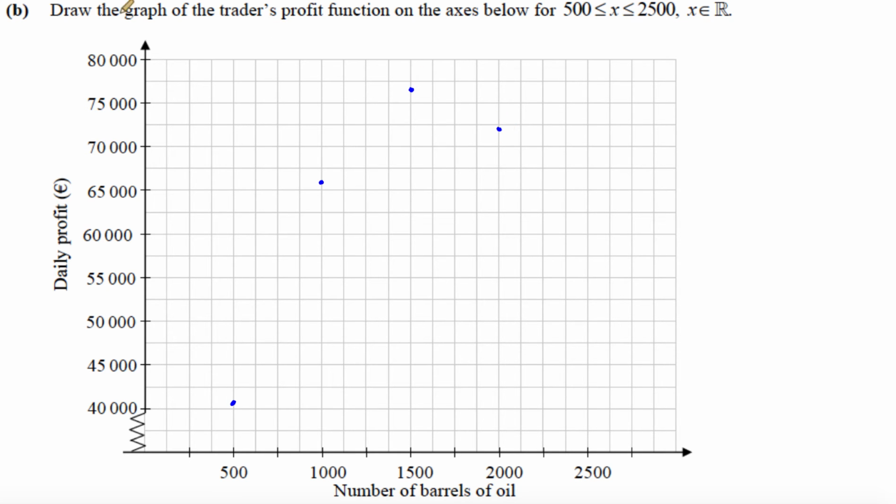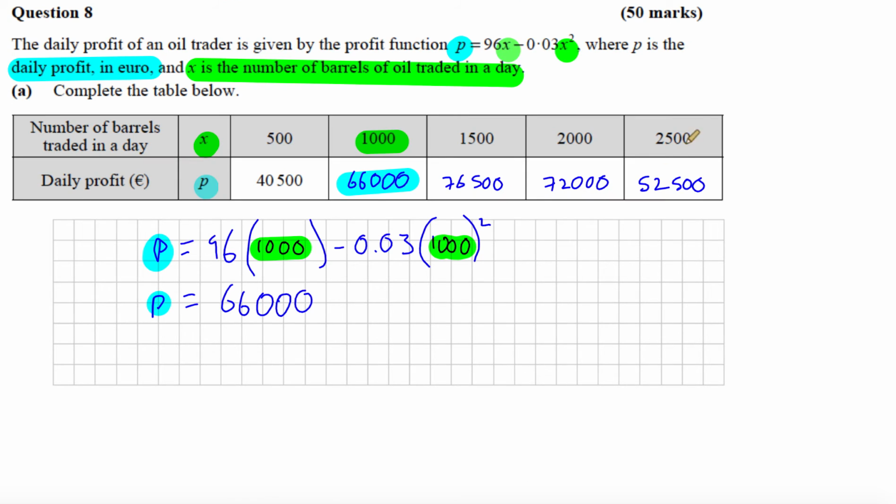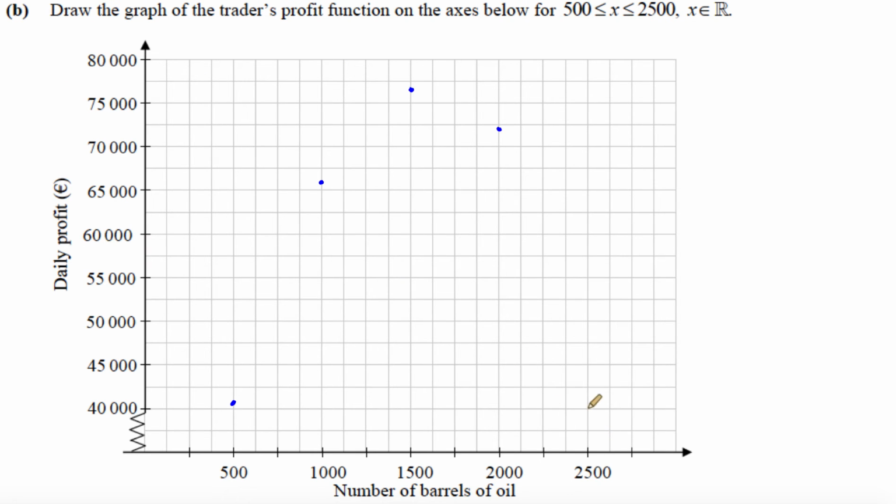Over there. And finally, 2,500 barrels gives us 52,500, which is exactly there.